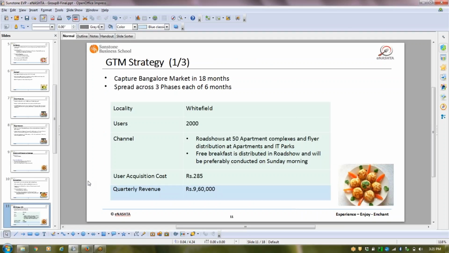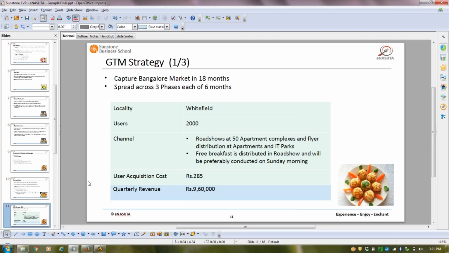So here, let's go. Yeah. So the go-to-market strategy and the unit economics are the two important things that you have to capture. So capture the Bangalore market in 18 months, spread across 3 phases, each of 6 months. So they have given details.